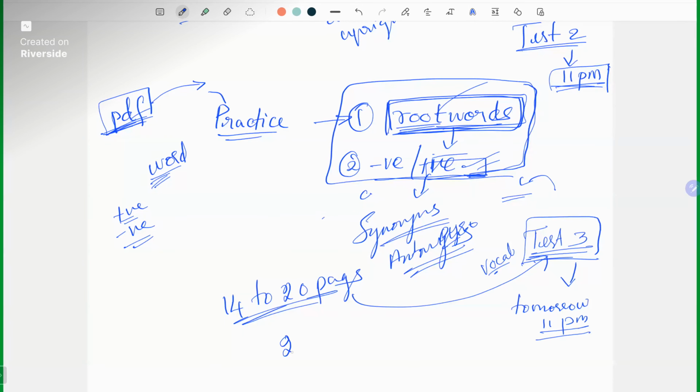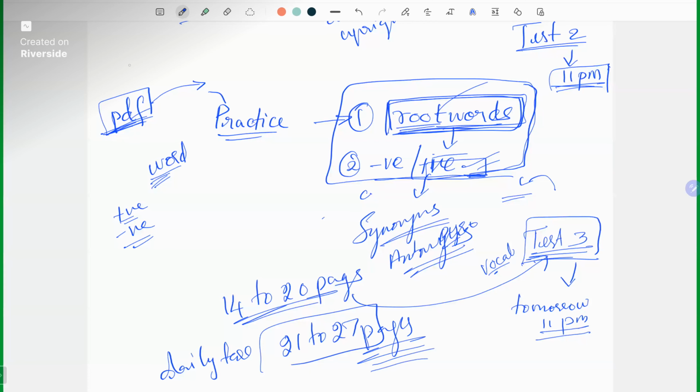And the next 7 pages, 21 to 27, are the daily target for synonym and antonym pages. As far as the one word substitution PDF is concerned, make your own plan and read through it. Go through the PDF daily, and as you work through it, don't try to memorize. Attach the tone, read the meaning once, and attach it with the root word. That's it. Thank you. Thank you, ma'am.